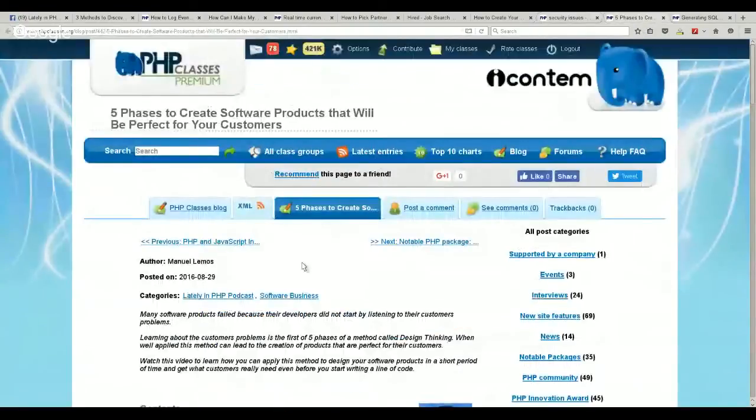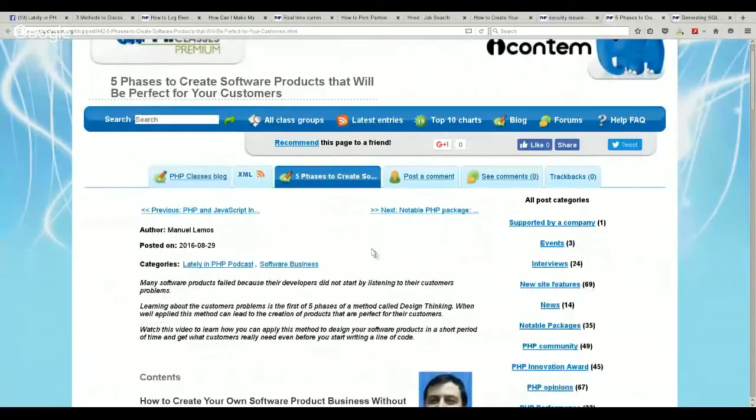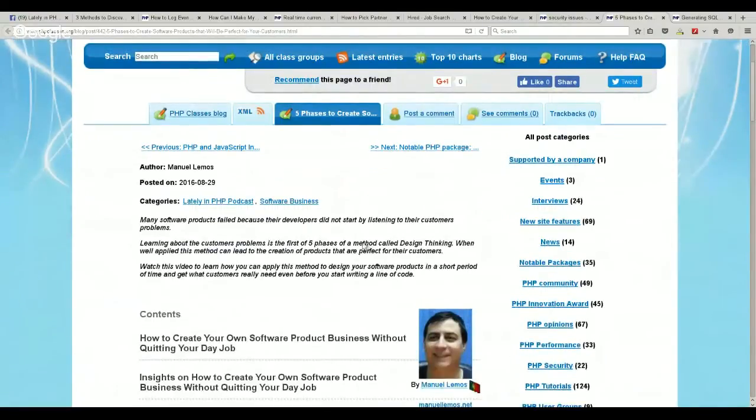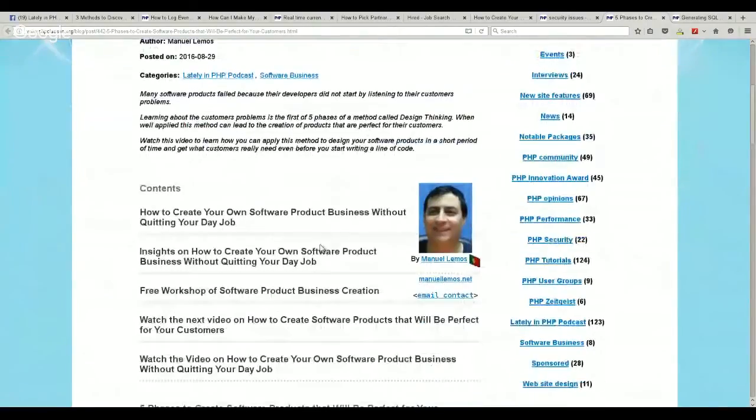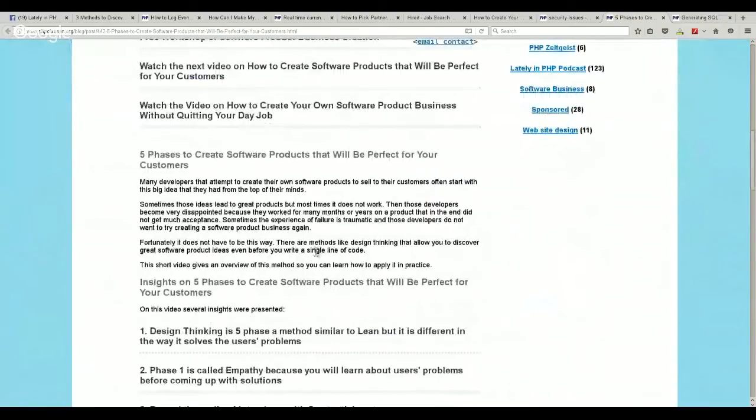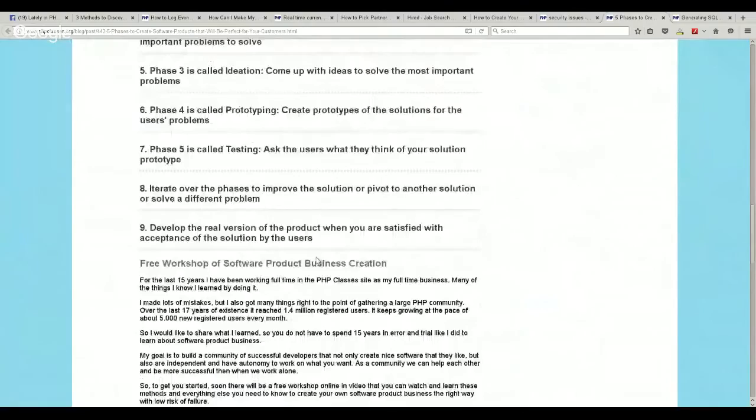Anyway, the next article that I'm going to talk about is also about software product creation business. It talks about a method that I already mentioned before. It's called design thinking. It has 5 phases, and it helps you to design products, software products, or any other kind of products before you even get started to code them.